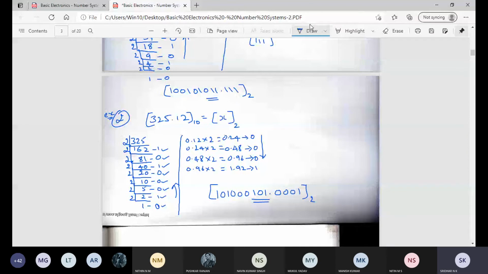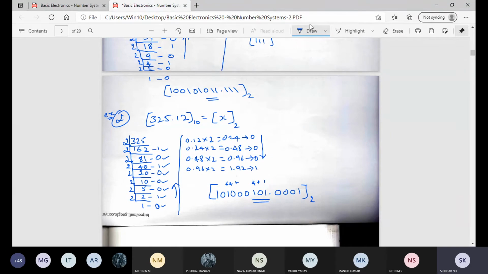You can cross verify. How to cross verify? I have given you one thumb rule. Very simple. See, this position, this weightage is 1, correct? And this weightage is 2. It is not there. The third position weightage is 4, correct? And 8, 16, 32, 64 is there, correct?